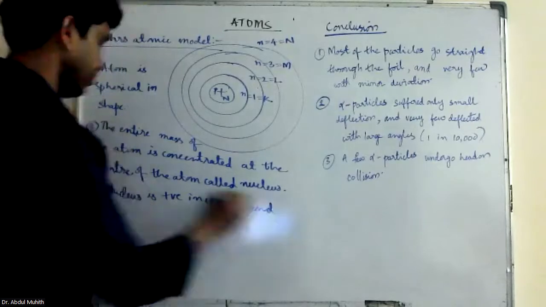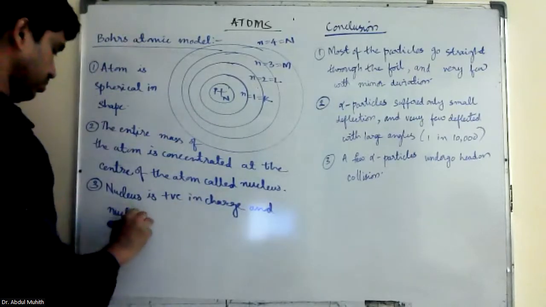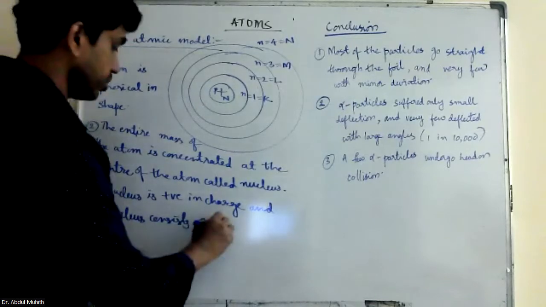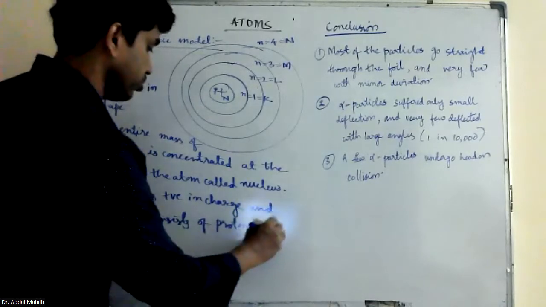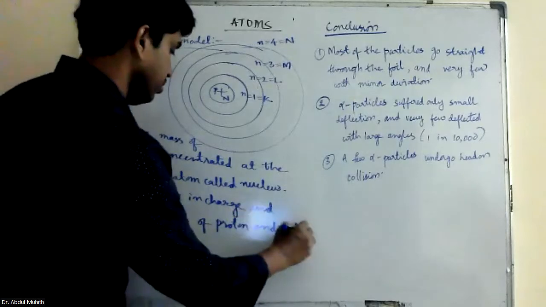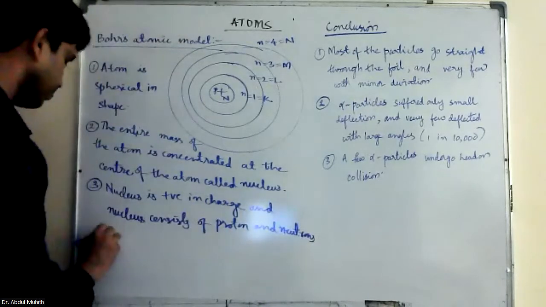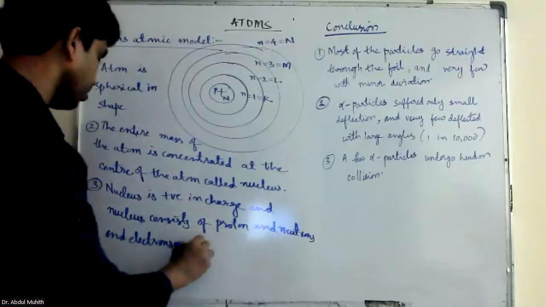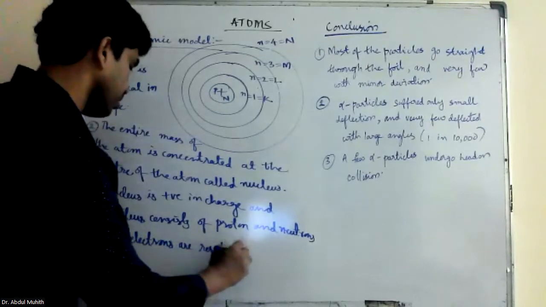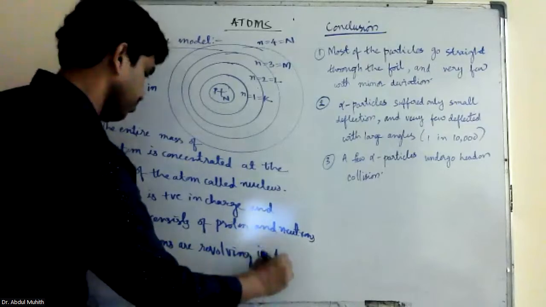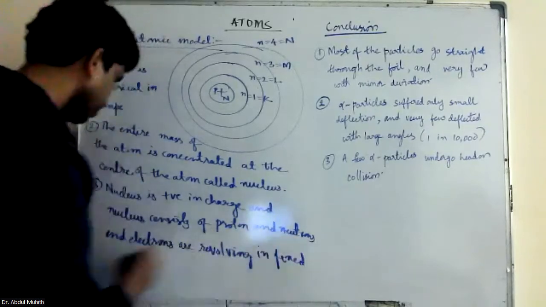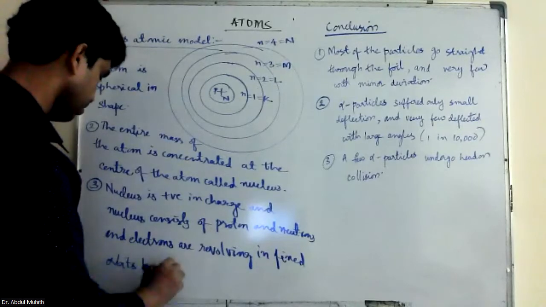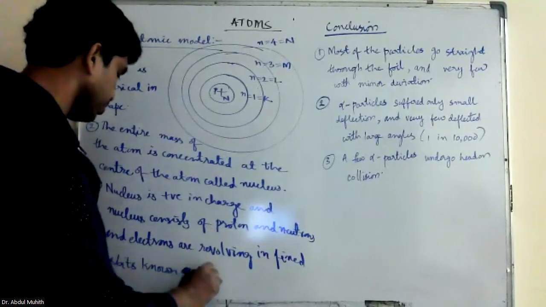And the nucleus consists of protons and neutrons. Electrons are revolving in fixed orbits known as stationary orbits.